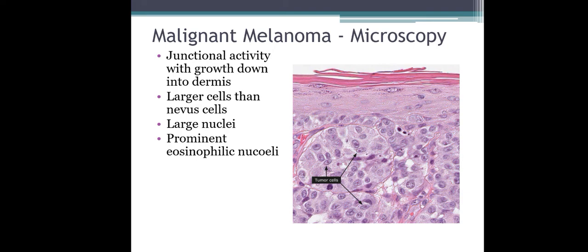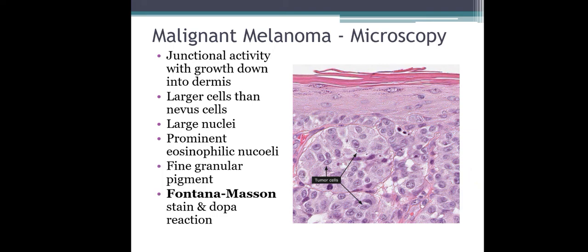It is not always necessary that the melanoma cells will have cytoplasmic melanin pigment. Sometimes you will get cells without melanin pigment also, but that is also a melanoma. Here you can see large nuclei with prominent eosinophilic nucleoli. That is the most important feature of a melanoma cell. You should not miss that point.